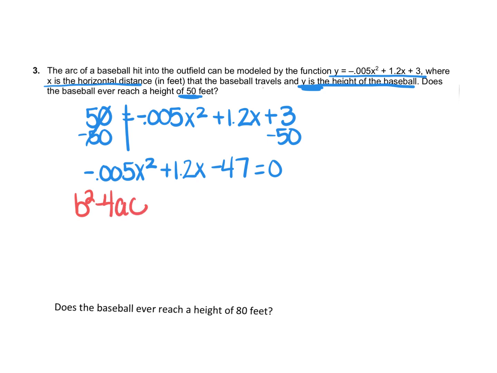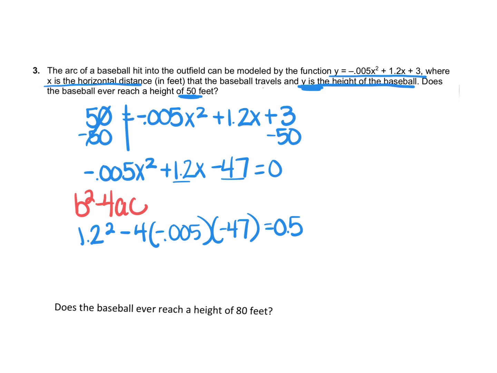So our b is 1.2 squared minus 4 times a, which is negative 0.005, and then times our c, which is negative 47.